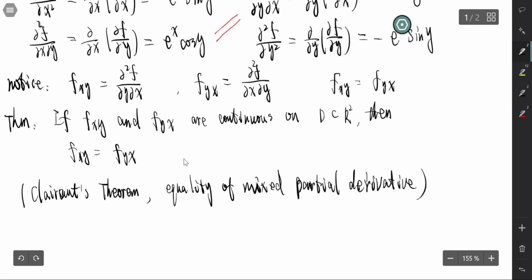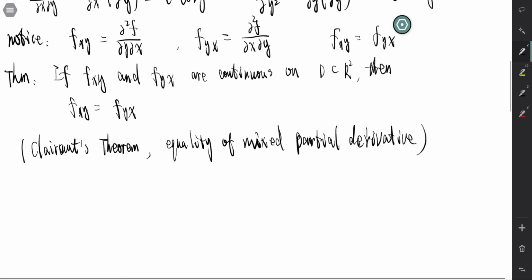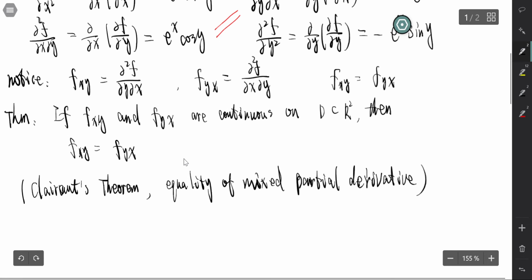We won't prove this theorem here; maybe we will prove it in the next video.